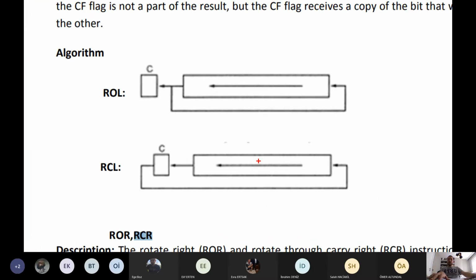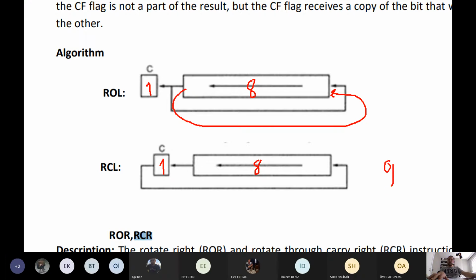This is also again 8-bit. This is 1-bit. But this time 8-bit, 1-bit. This is rotating within self. Carry is only copying the most significant bit. But rotate through carry means this is carrying over 9-bit.